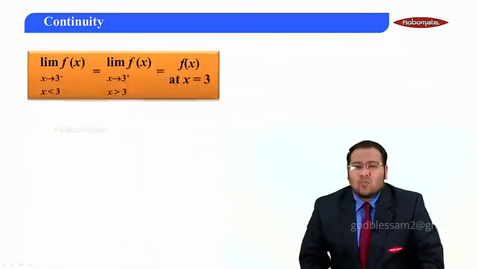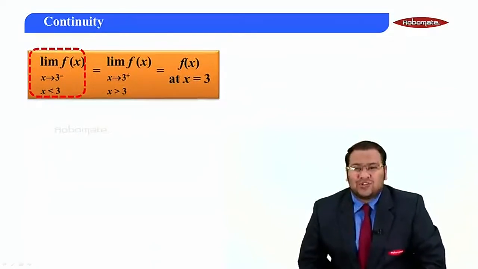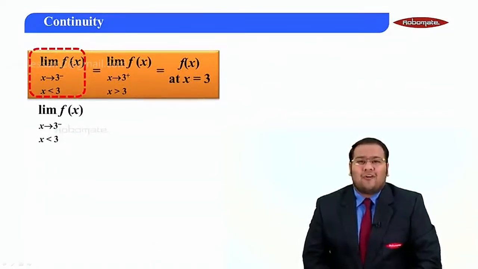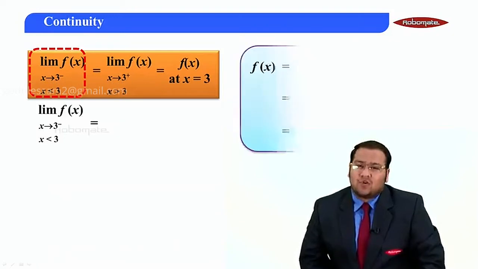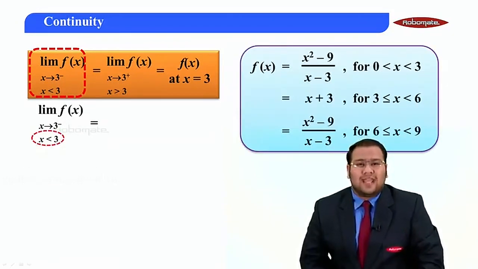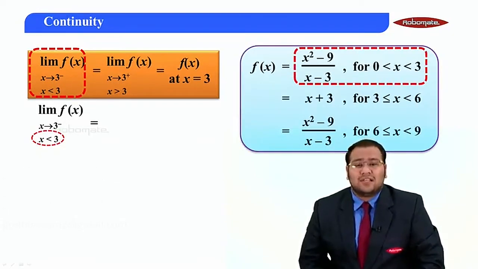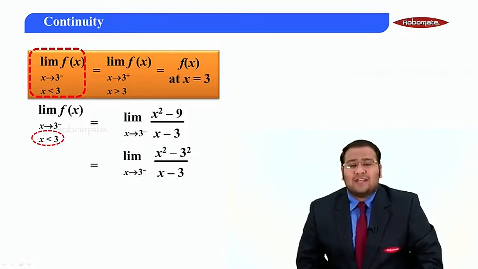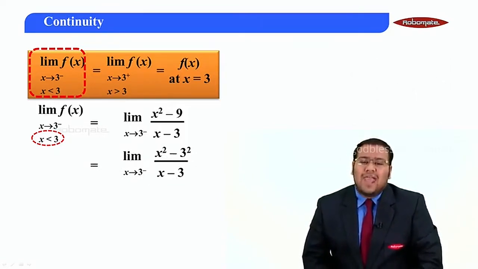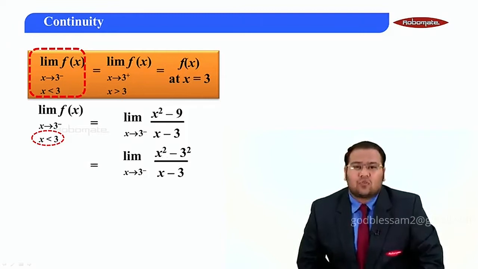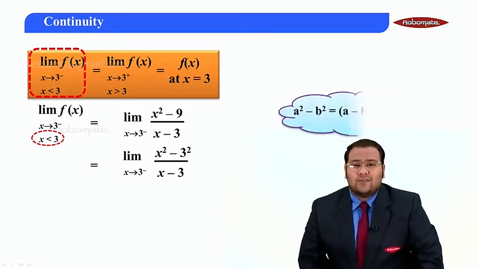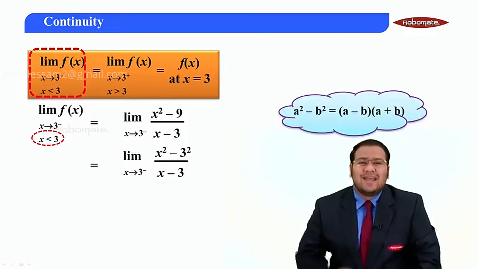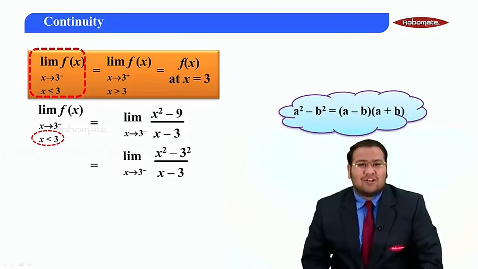So, moving ahead with the solution of the problem, the limit of f(x) when x is tending towards 3 minus would be, in this case, when x is less than 3, the equation is (x square minus 9) upon (x minus 3). The x square minus 9 can be represented as x square minus 3 square upon x minus 3. If you observe, it is of the standard formula a square minus b square is equal to (a plus b) into (a minus b).